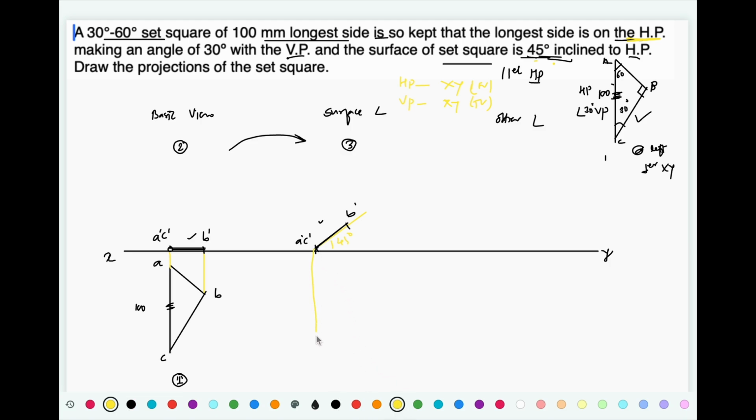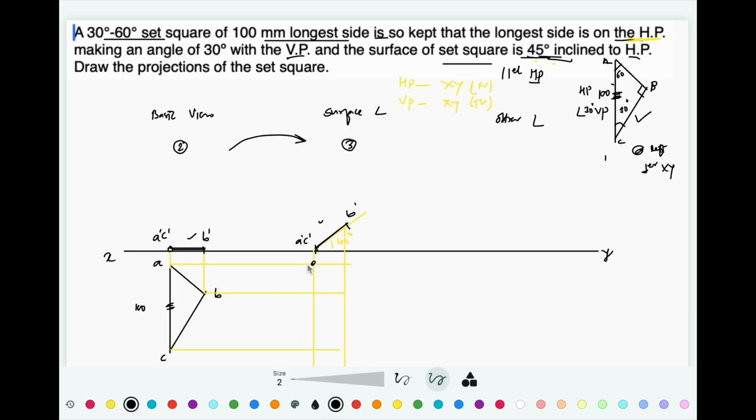Now project the points from the front view. Project the points from the first top view, and connect the intersection points.